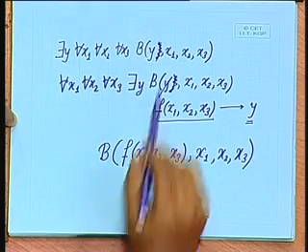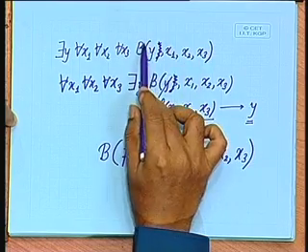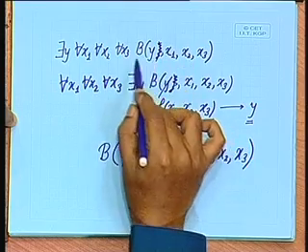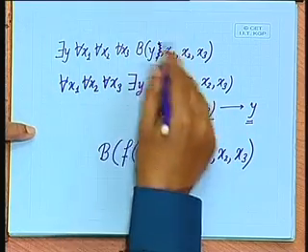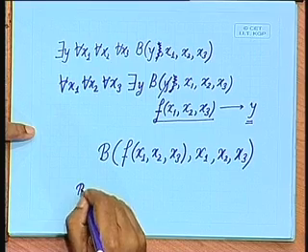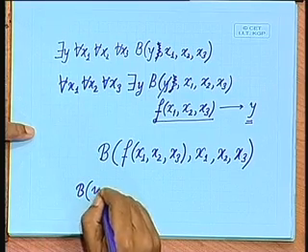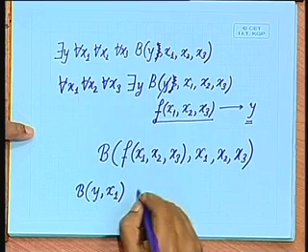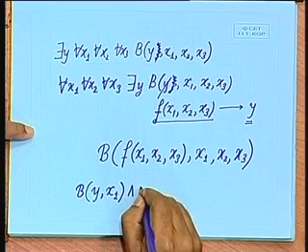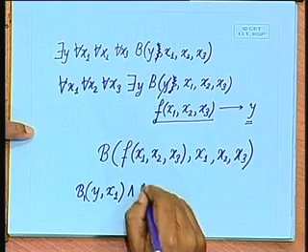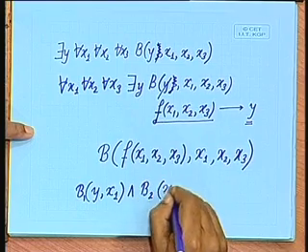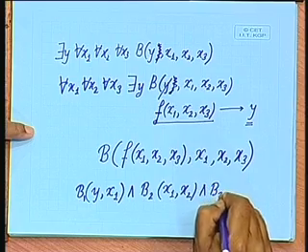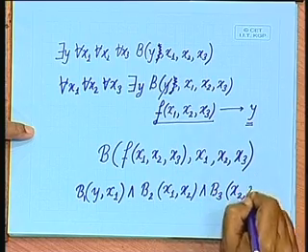These x1, x2, x3 could be in the same predicate, or it could also be a collection of predicates. For example, this b could be a formula of the form say b of y x1, and then say B1 and B2 of x1 x2 and B3 of x2 x3.